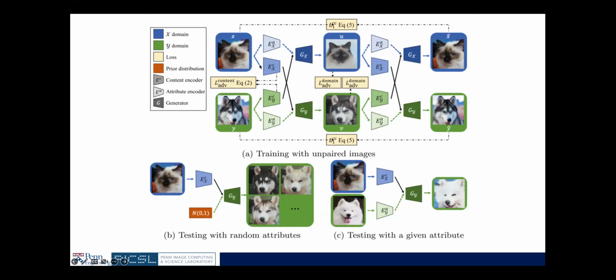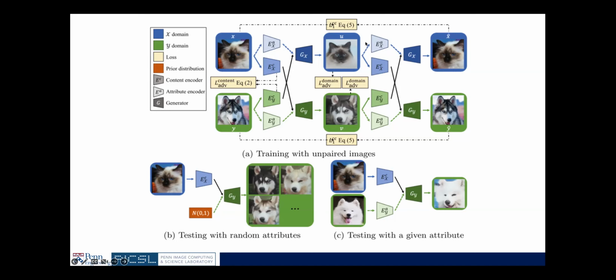Remember, this cat was left looking and the dog was right looking, but the generated new cat is now looking towards the right, in the direction where the dog is looking. This is what we can achieve. And we can do the similar thing: take the content of the cat, so the output would be more left looking, and take the appearance of this dog, and generate this new dog.